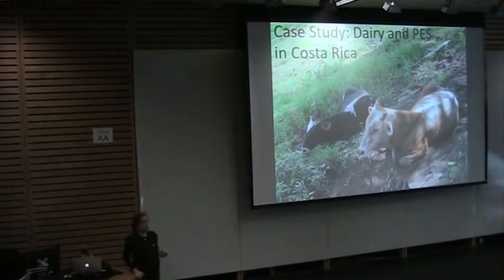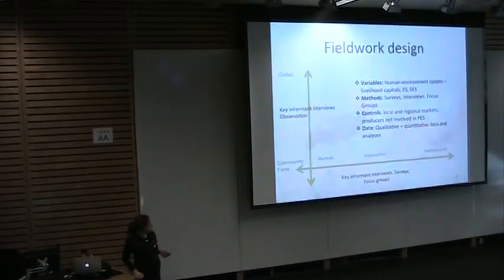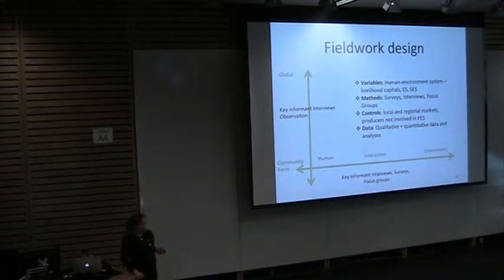So I decided to do a case study in Costa Rica and ended up looking at dairy markets and payment for environmental service programs in that country. This shows you roughly how I was thinking about my fieldwork. I put together a bunch of human and environmental system variables.